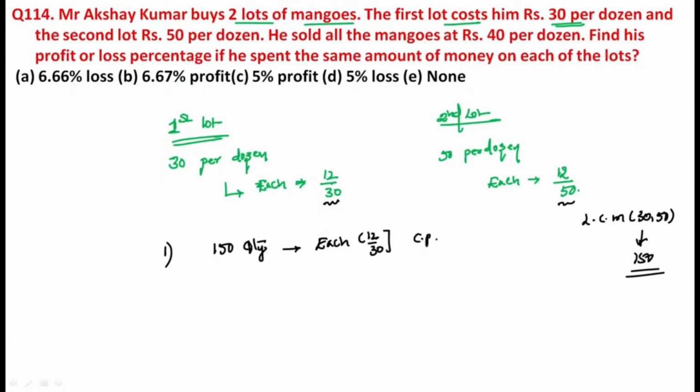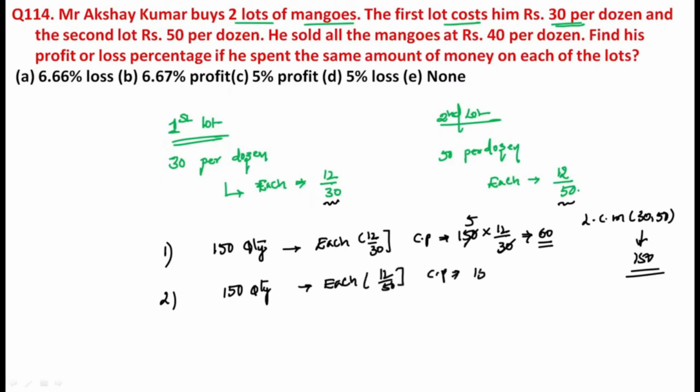Now the total cost price here is 150 into 30 by 12, which is 5 times 12, 5 is a 6. For the second one, the same quantity of lots is bought at 50 by 12. Now the cost price is equal to 150 into 50 by 12. Now you can get 36. Now you can get that the total cost price is equal to 96, guys.